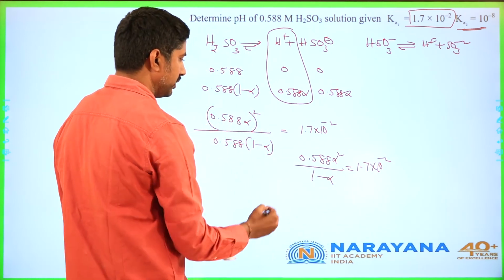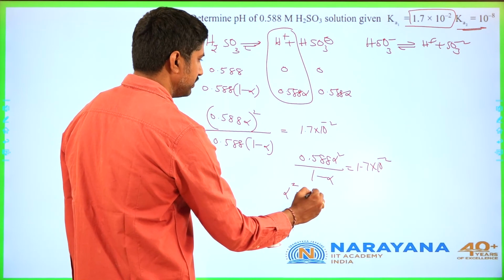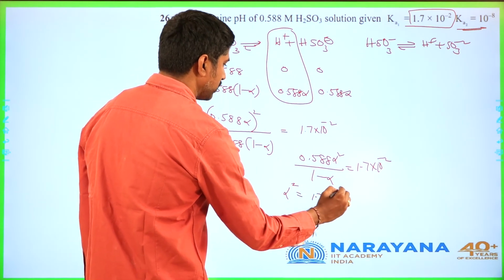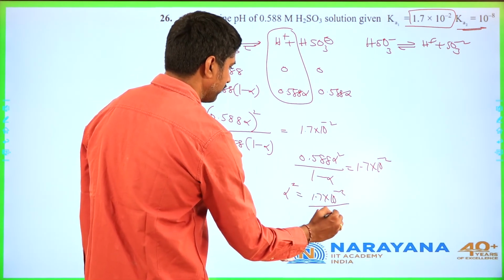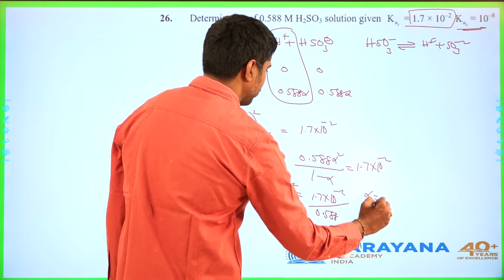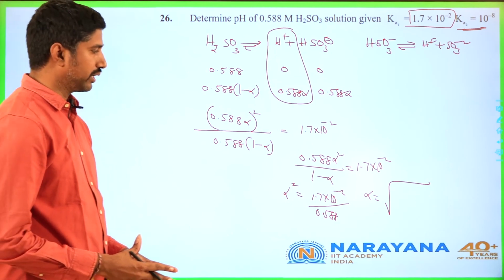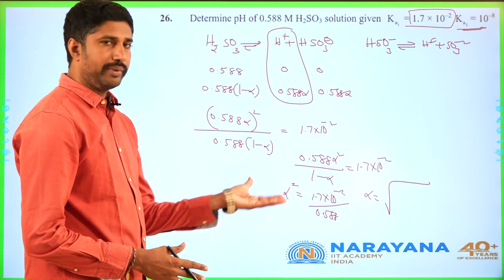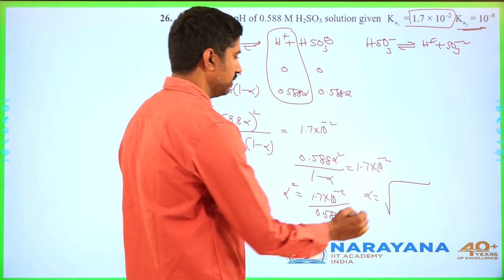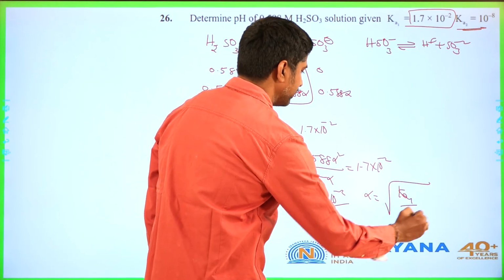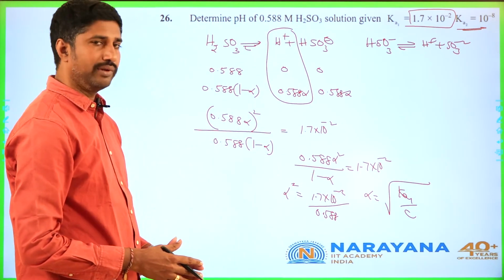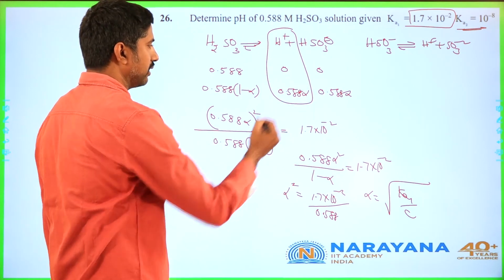If you ignore that, directly we can write alpha square is equal to 1.7 into 10 power minus 2 by 0.588, and alpha is equal to root over the value. Directly we can write alpha is equal to root over Ka1 by C. Find that, simplify that and mention directly C alpha here.